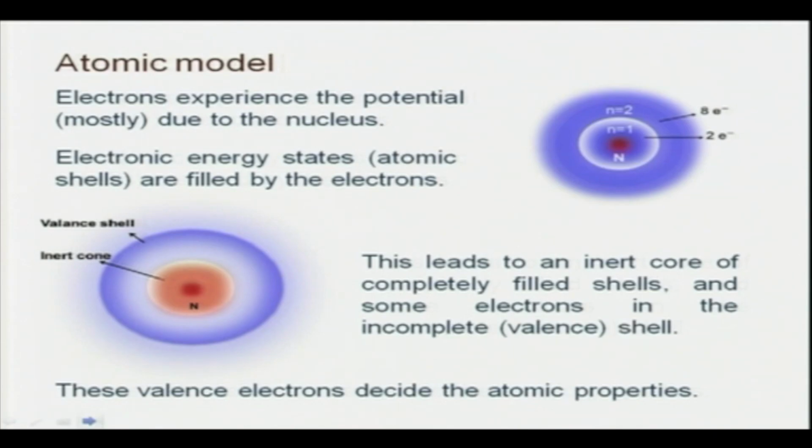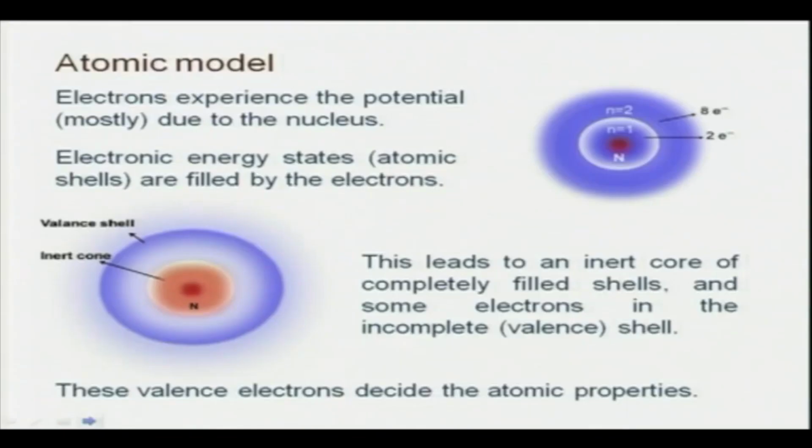And when we look at the energy states of the electrons, we see that we can consider different energy states as shells, different shells, and label them as first shell, second shell, etc. Let us say n equal to 1, n equal to 2, n equal to 3, etc.